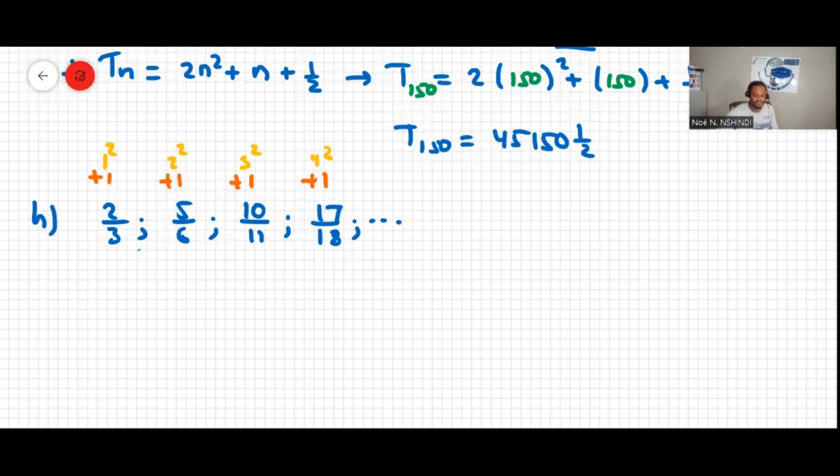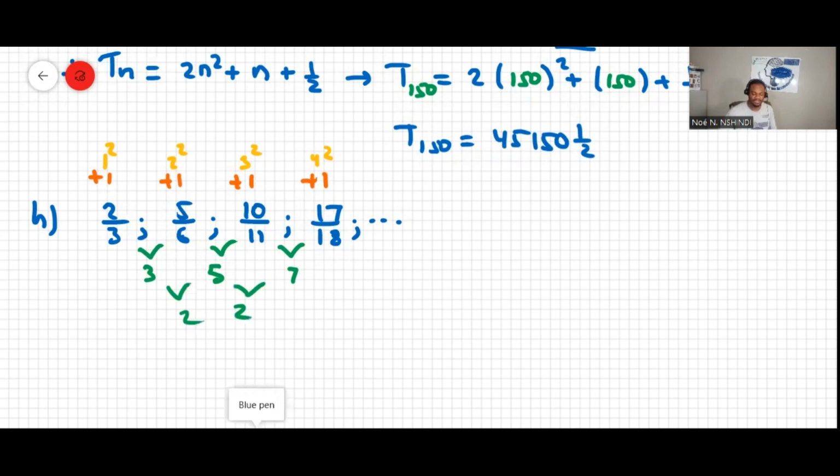If I do the first difference here, what am I getting? 3, 5, and 7 at the denominator. Okay. Then it's visibly a linear pattern, because another difference here would be 2, 2. So this is a linear pattern.